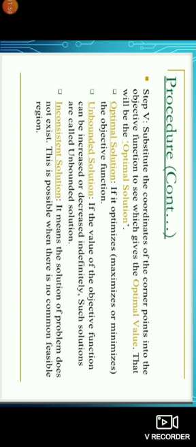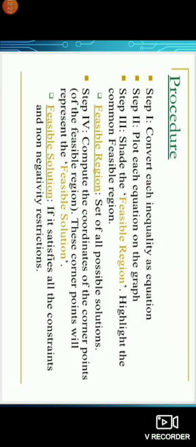This is possible when there is no common feasible region. Select the corner point that optimizes the value of the objective function. It gives the optimal feasible solution. Okay, these are some steps of the graphical method.